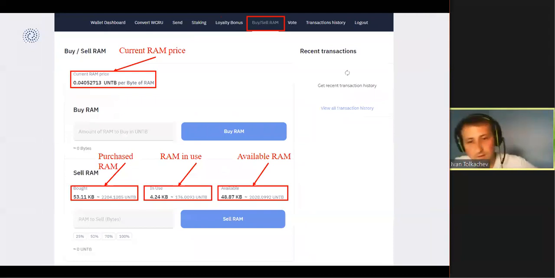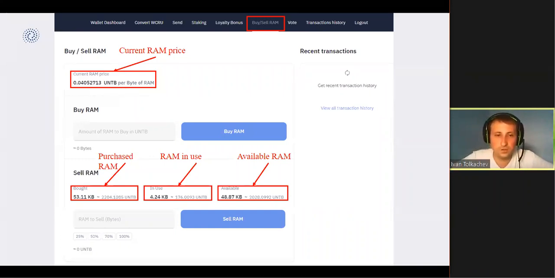So how can you buy RAM, CPU and NET? CPU and NET can be bought through staking, whereas RAM is bought. And above, I gave you the focus on 64 gigabytes of memory, and 71% of memory is already occupied.